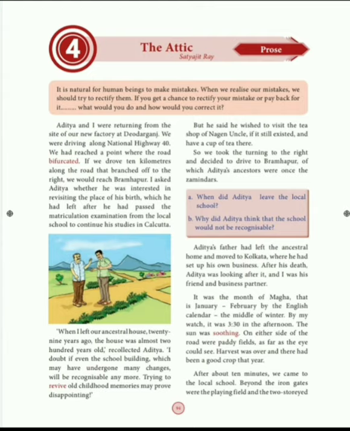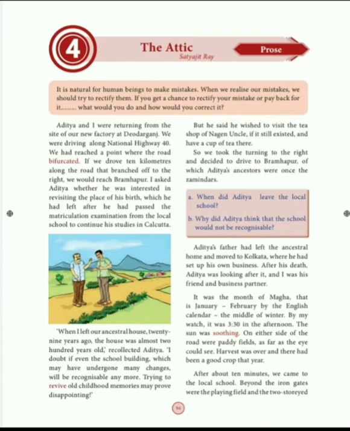When they reached that place, Aditya stopped the car and he was thinking what to do, because Calcutta is the place where they were staying now, and Brahmapur is the birthplace of Aditya. Aditya was born and brought up there until his 10th grade, when he passed his matriculation examination.